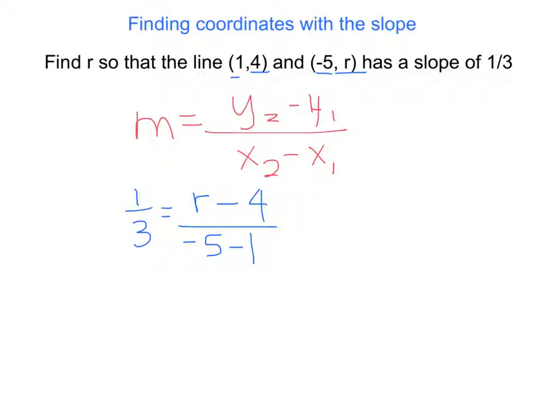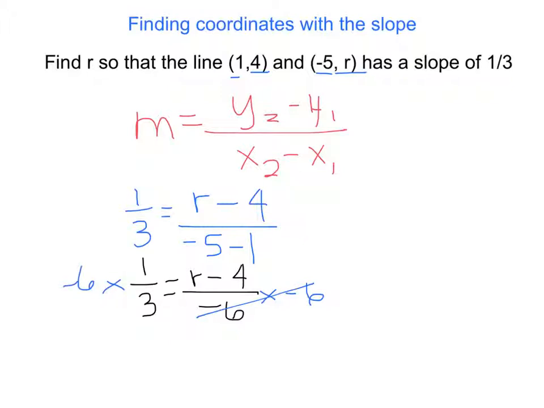And so now you just work through simplifying. We have 1/3 equals r minus 4 over negative 6. Now you can multiply both sides by negative 6, so this one goes away. Negative 6 times 1/3 is going to be negative 2 equals r minus 4. So now if you add 4 to both sides, we get r equals 2.